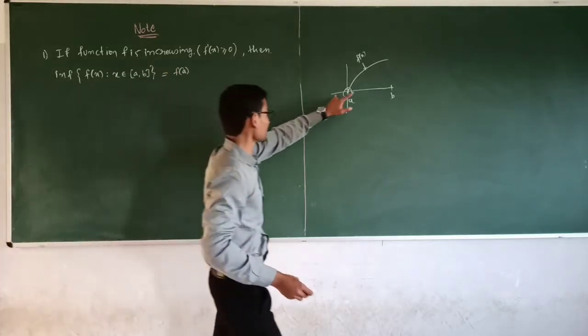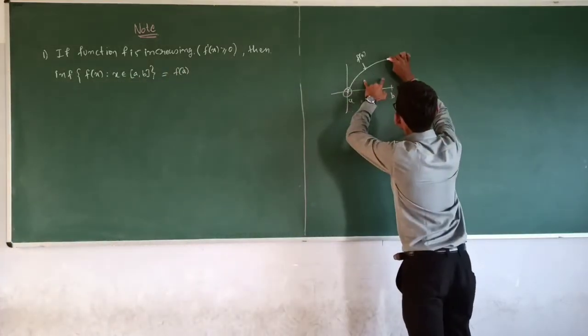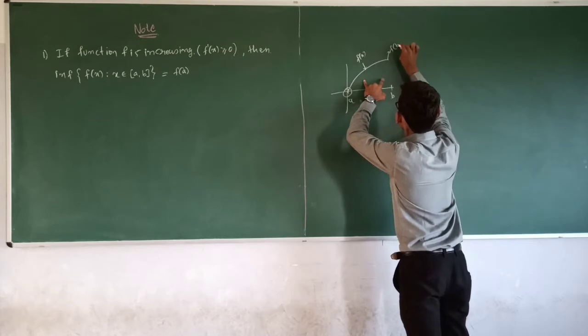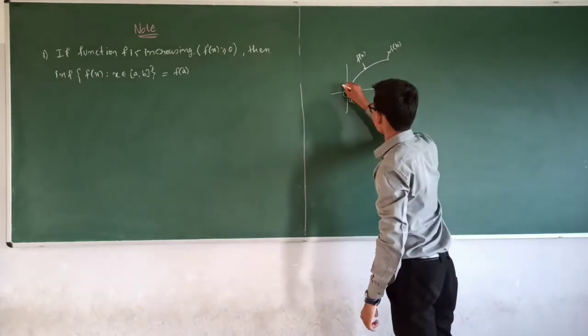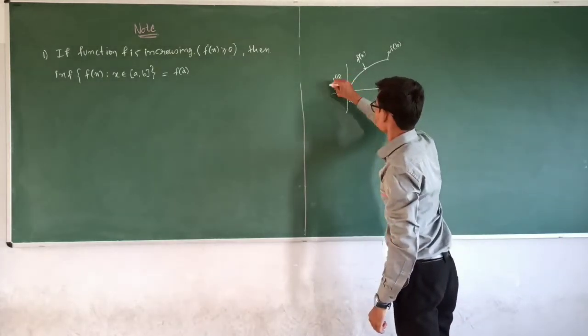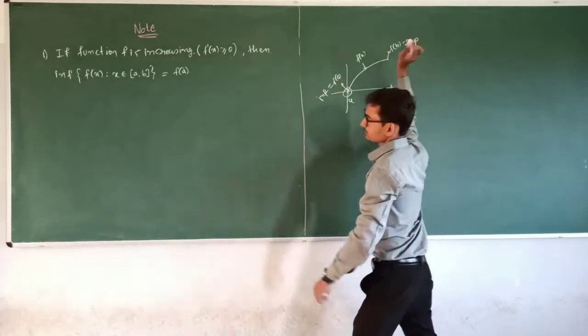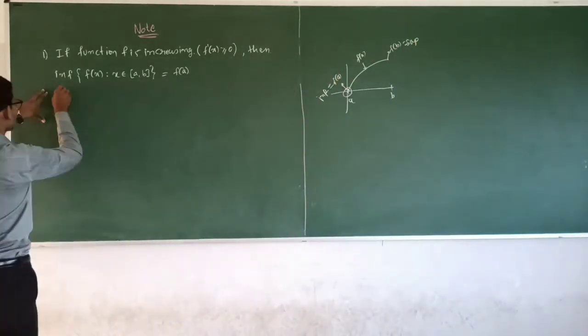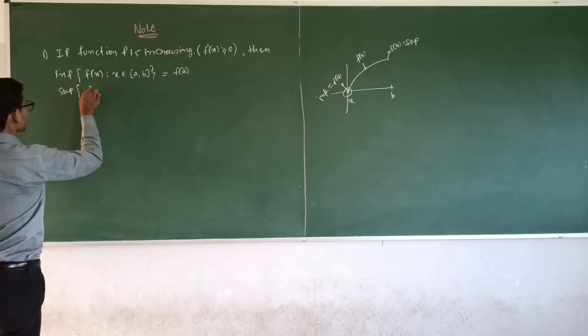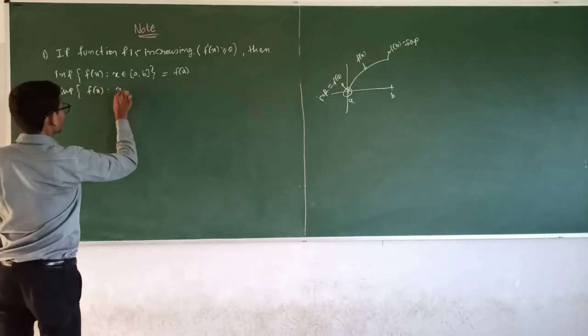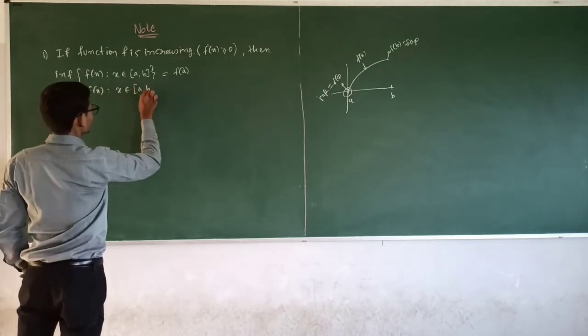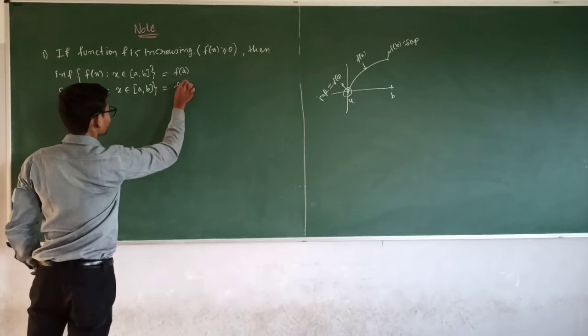Similarly, what is the maximum value of that function? That is f of b. So that is our infimum, that is our supremum. So similarly, the supremum of f of x such that x belongs to closed interval [a, b] is equal to f of b.